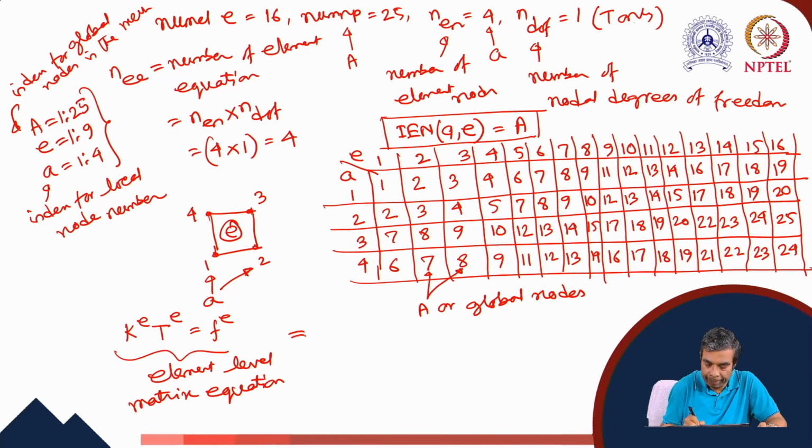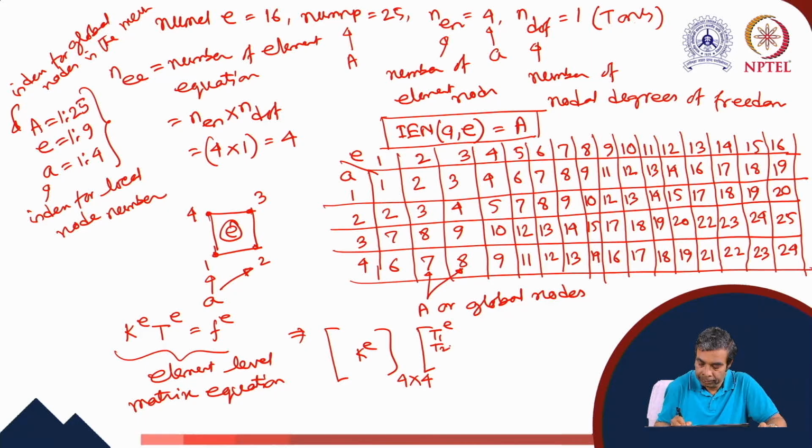The size of the K matrix is 4 by 4 because we have 4 unknowns per element. This is Ke, this is T1e, T2e, T3e, T4e, and our Fe is F1e, F2e, F3e, F4e. So these vectors are of 4 by 1 size.